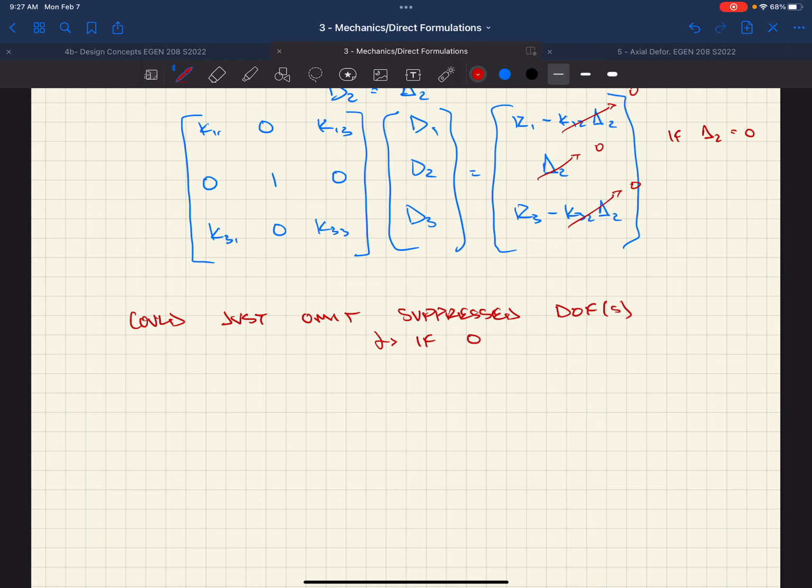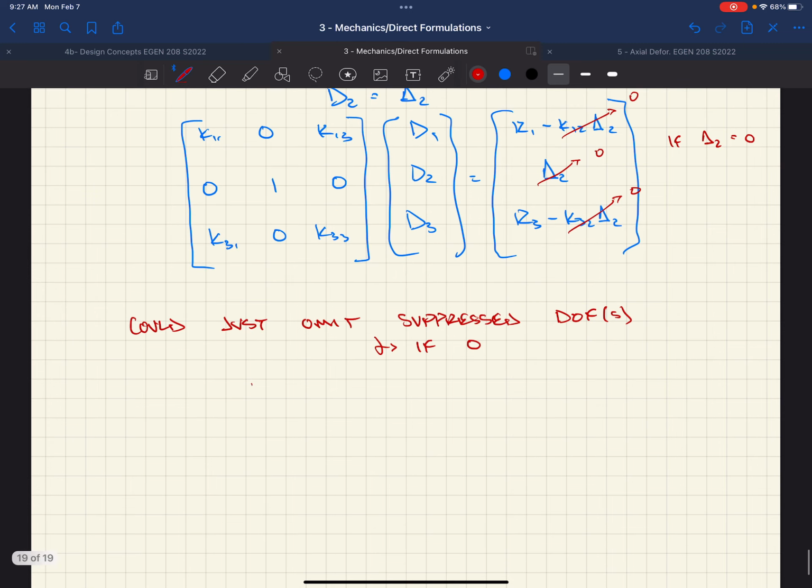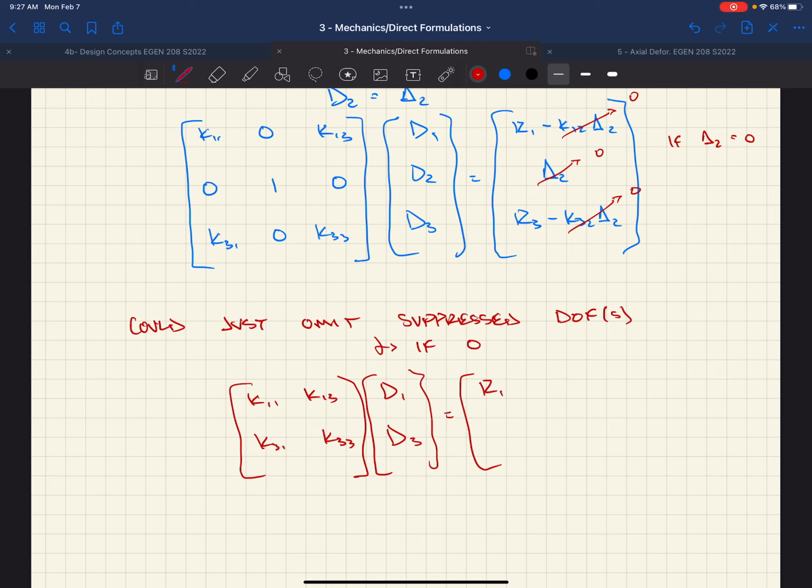If 0, well then that big stiffness matrix up above is just K11, K13, K31, and K33. And we didn't even have to build this 3x3 matrix. That 3x3 now becomes a 2x2.